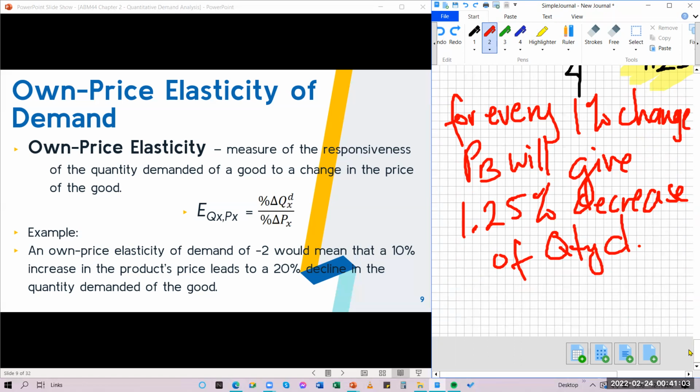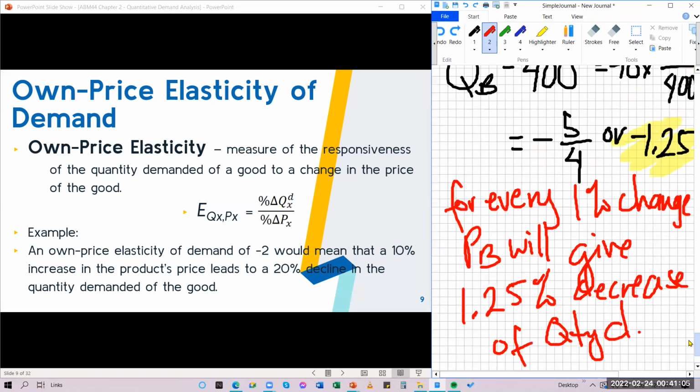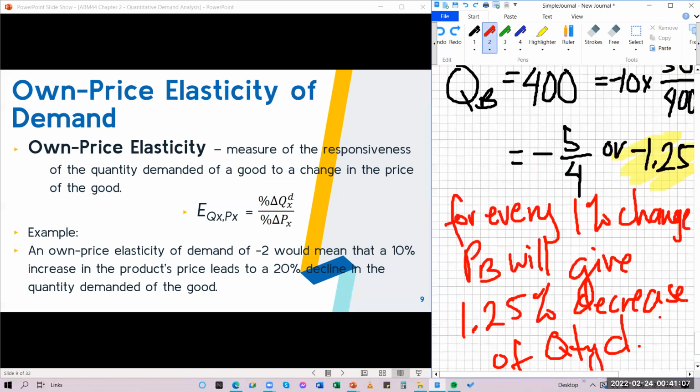So that would be the interpretation for this problem.